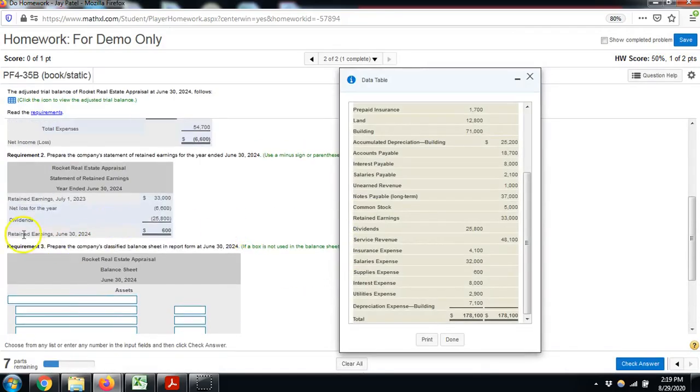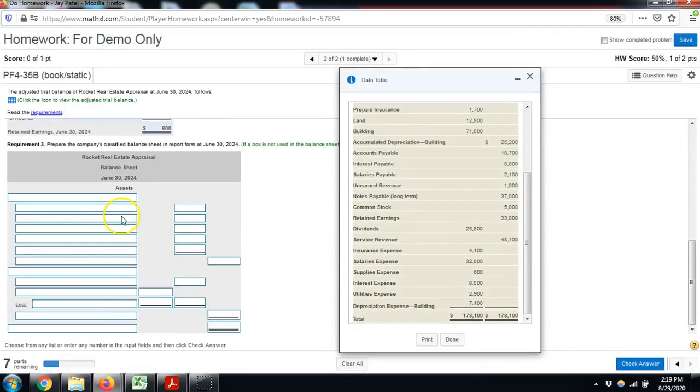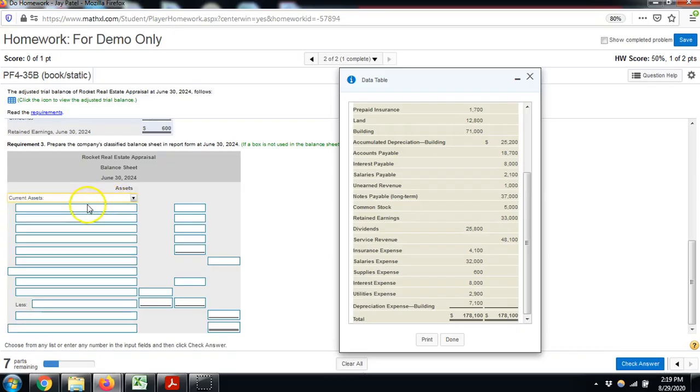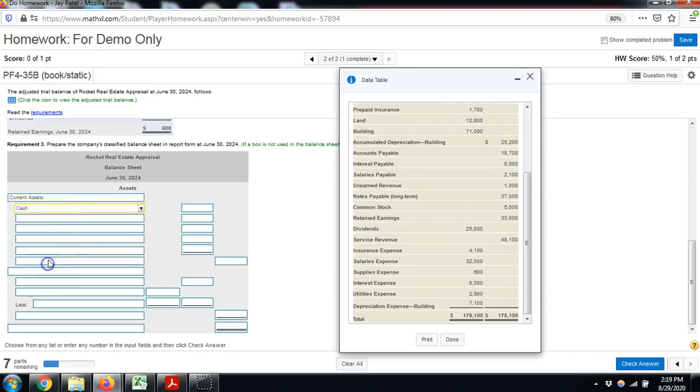Okay, so now we have our ending retained earnings balance, so we can move on to the balance sheet. So we start with our assets. This is a classified balance sheet, so we're going to start with the current assets at the top. So we always start with cash. We have accounts receivable.